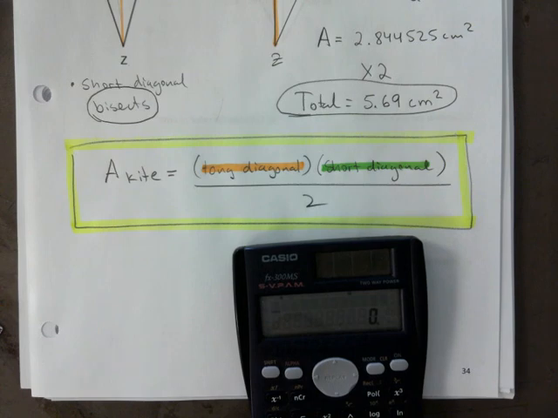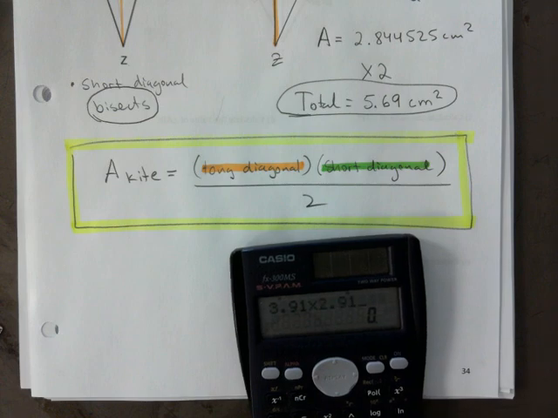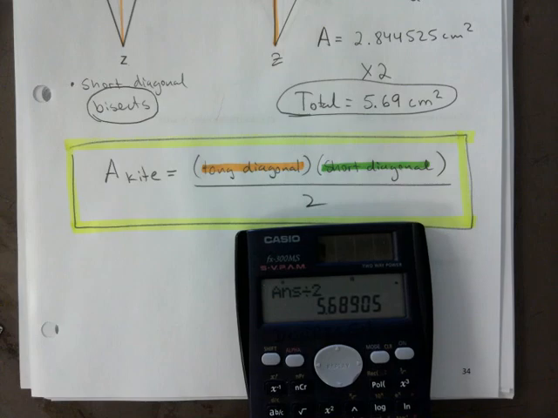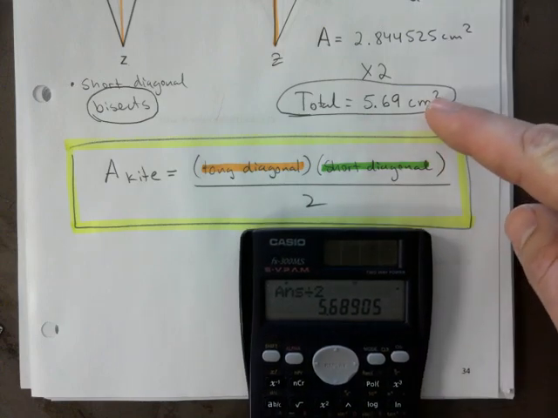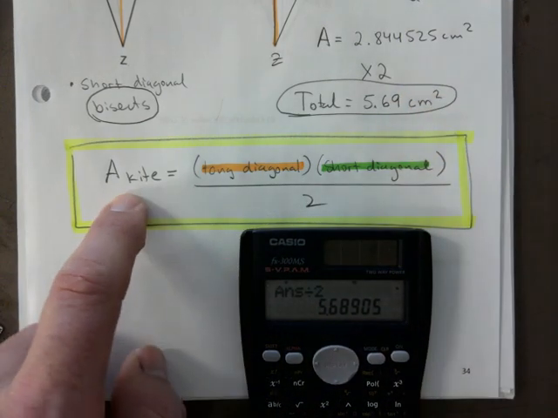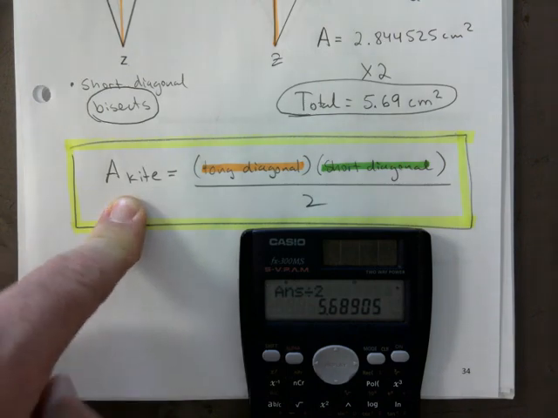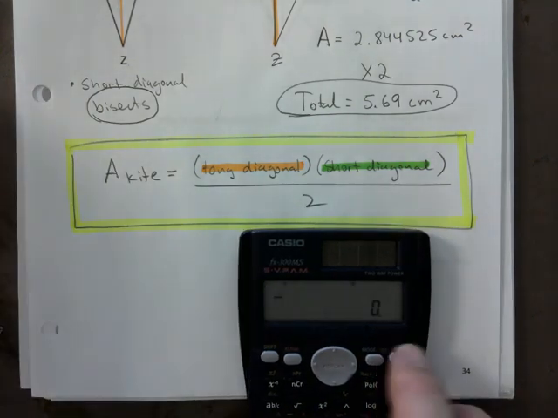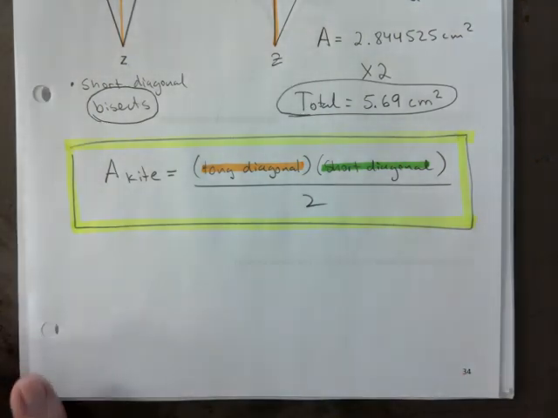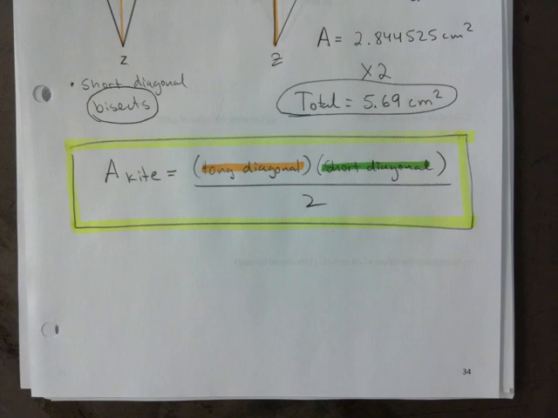If you take the long diagonal, 3.91, multiply it by the short diagonal, divide that by 2, you get the exact same as we had before. So this is a shortcut to find the area. You just need to have both diagonals, and then you're good to go. All right.